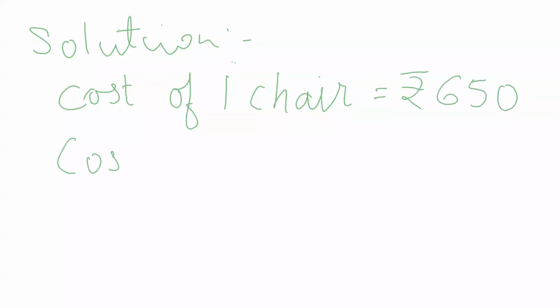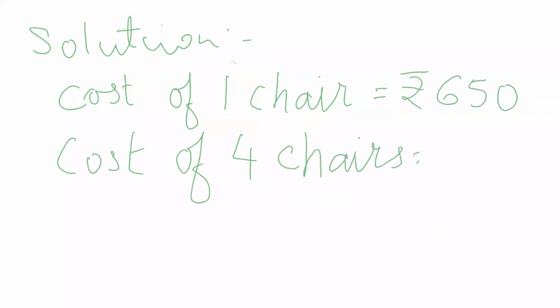Then we are going to write cost of four chairs. That is 650 multiplied by 4.